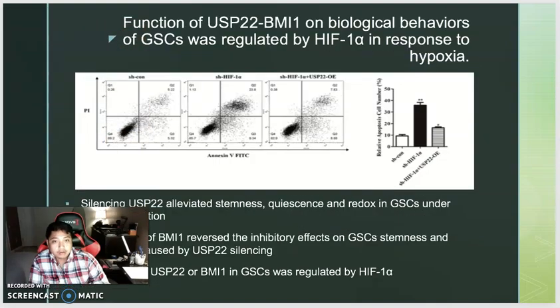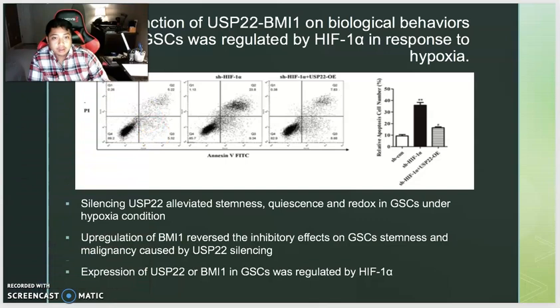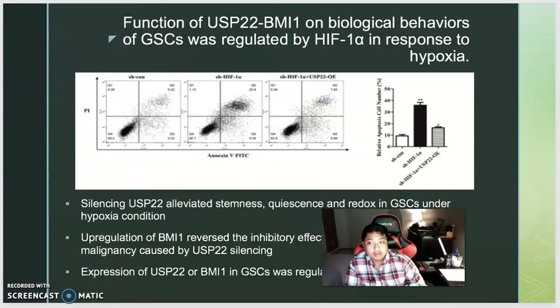And from that article, I have a figure here. The reduction of the number of GC colonies formation induced by HIF1 alpha depletion was alleviated after the USP22 transfections.